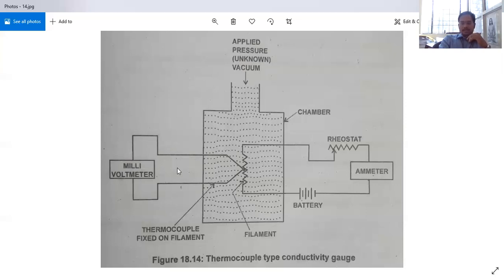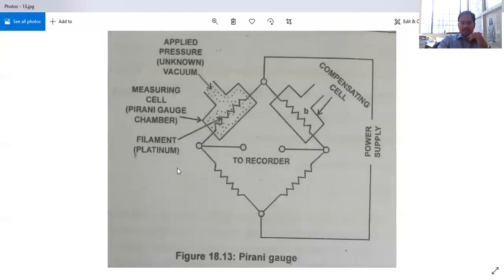Previously, in the Pirani gauge, it is the resistance change because it is a Wheatstone bridge. When a Wheatstone bridge is there, the resistance variation is determined by using it, and this resistance variation is in turn used to find out the temperature and the pressure.